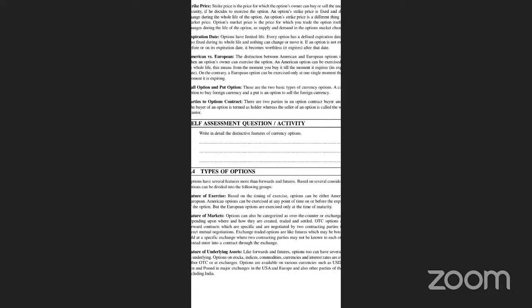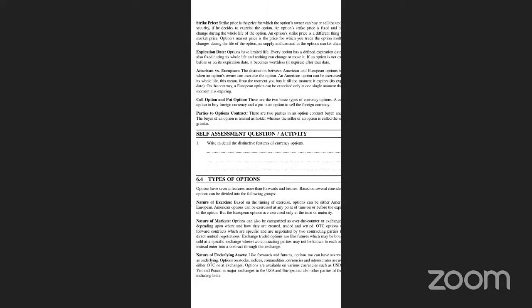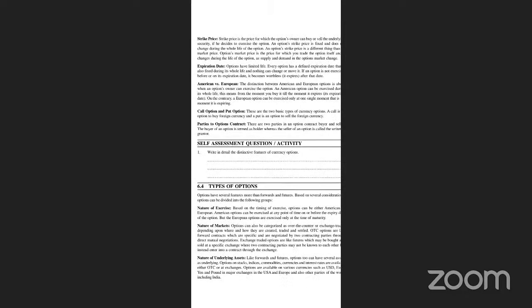Next, we have market. Based on market, we have certain methods: OTC, that is over the counter, and exchange traded. OTC options are like forward contracts, which are specified and recognized by two parties, buyer and seller.